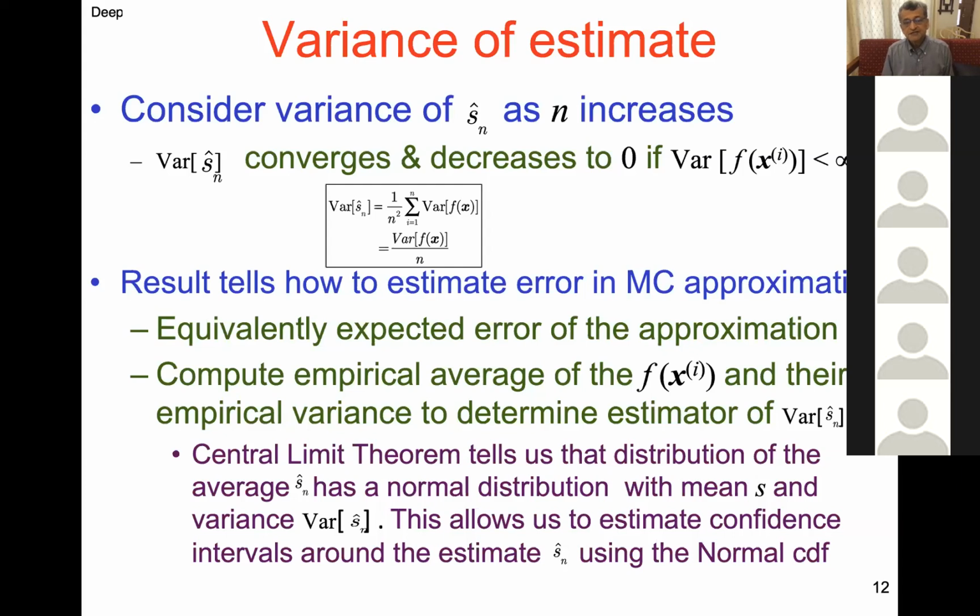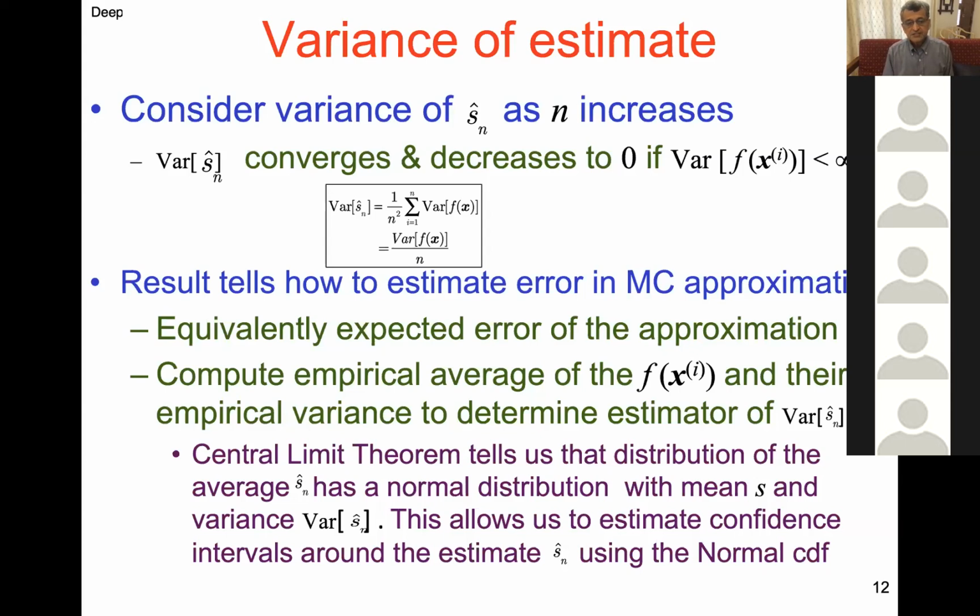So consider the variance as n increases. The variance of Sn hat converges and decreases to zero if the variance of f(x) is smaller than a certain quantity, and the variance expression is given here, where n occurs in the denominator, showing that as n increases, the variance decreases.